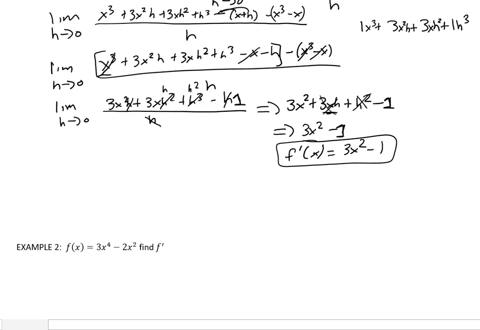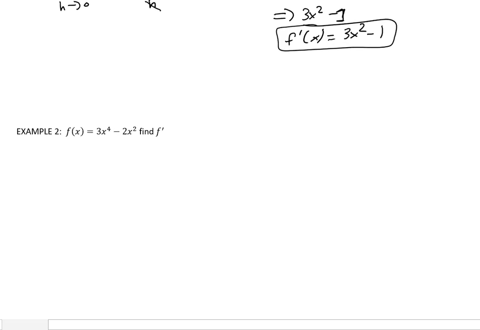Let's do the next one. Same idea. We still have to do the limit as h approaches 0 of f of x plus h minus f of x over h. And again, I have to take this x plus h and plug it in for x in this function.